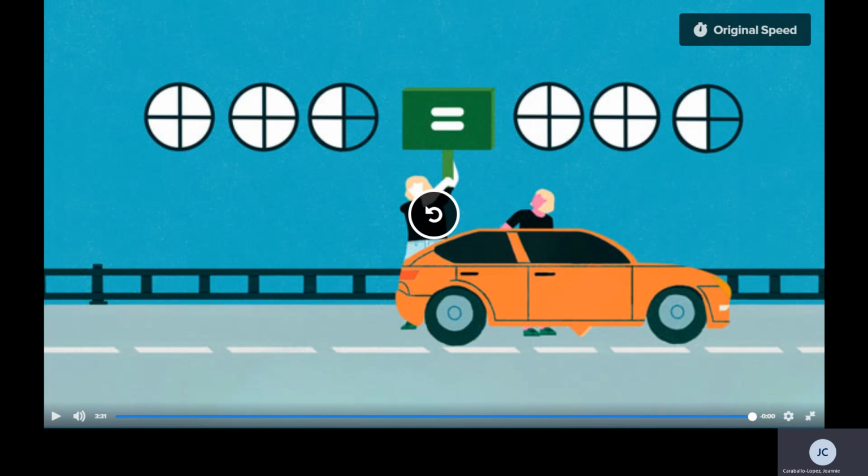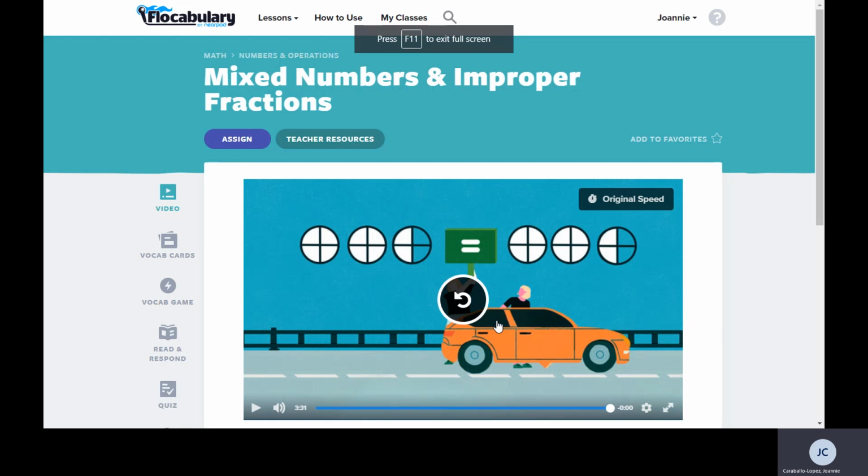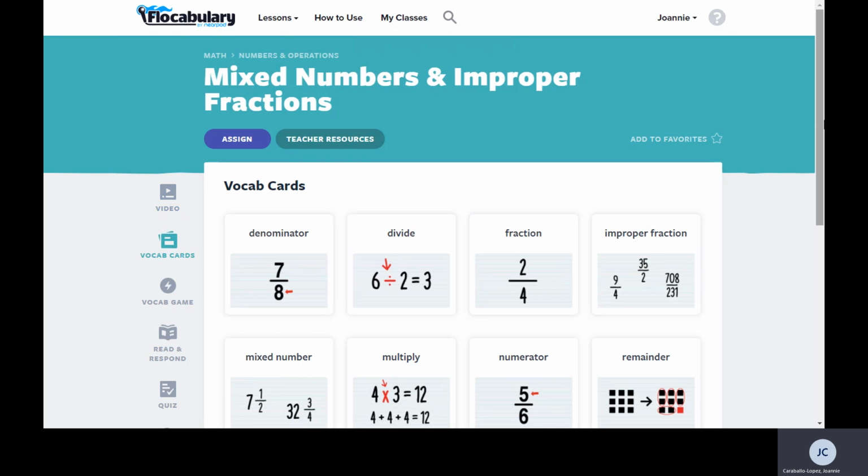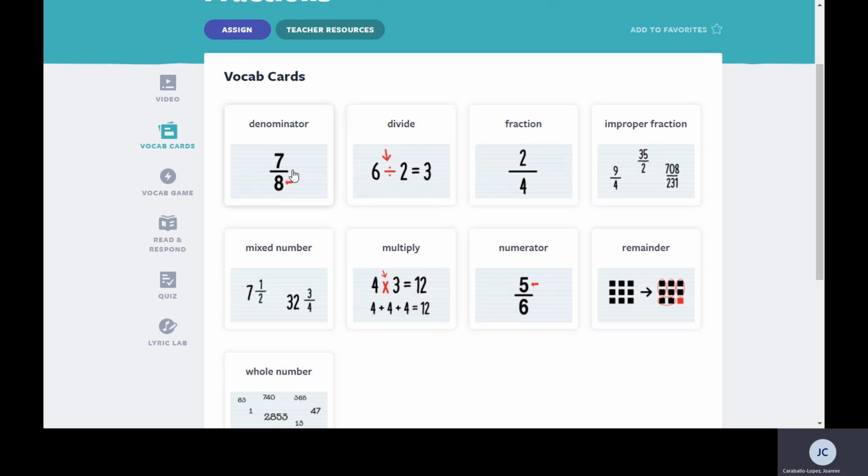All right, guys. So now really quickly, we're going to play this game together. Let's look at the vocabulary words really quickly. Vamos a mirar las palabras del vocabulario. ¿Cuál es el cognado de esta palabra? Cognado, denominador. Muy bien. What's the denominator?